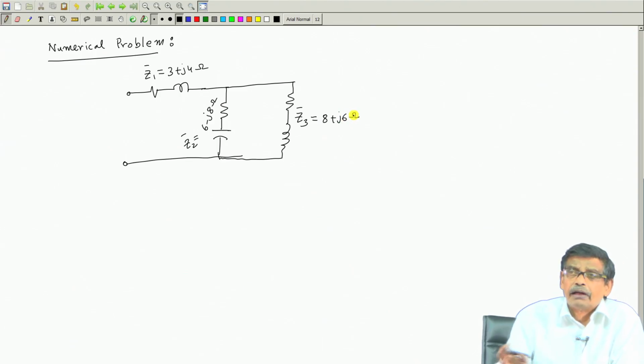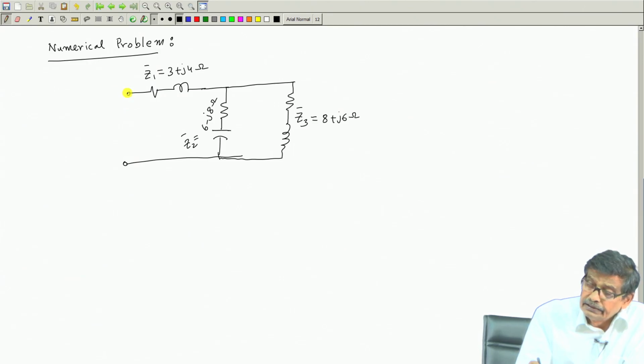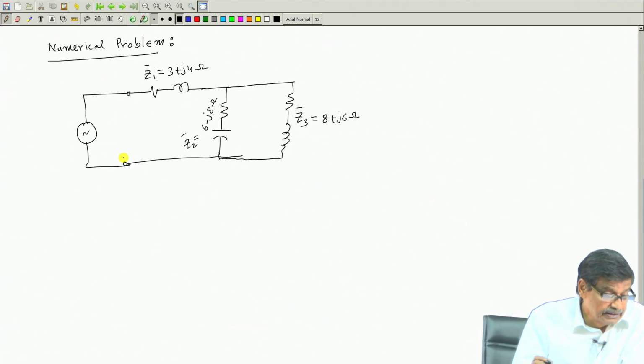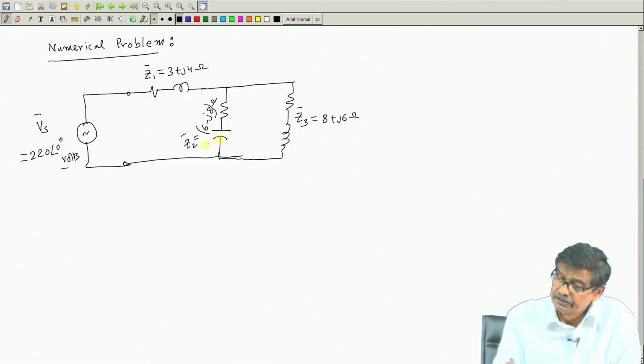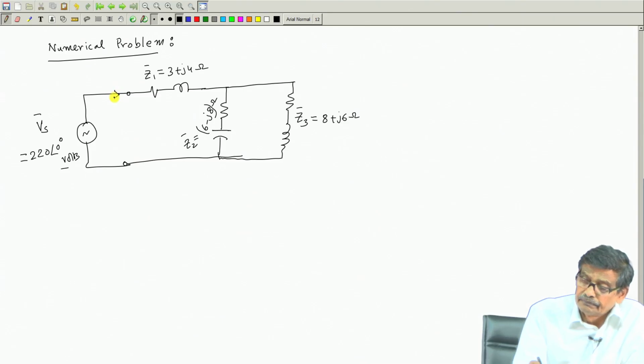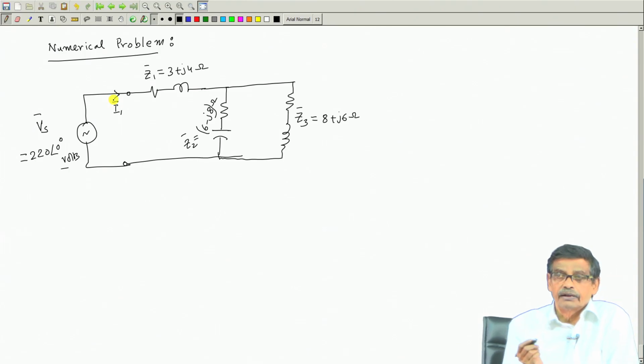So there is a series parallel combination, and here is a source connected whose phasor representation of voltage, that is V S bar, is equal to 220 angle 0 degree volts. These are all in ohms. Let this impedance be Z2 bar and Z3 bar. Obviously, I will first calculate this current. So, suppose this current is I1 bar.